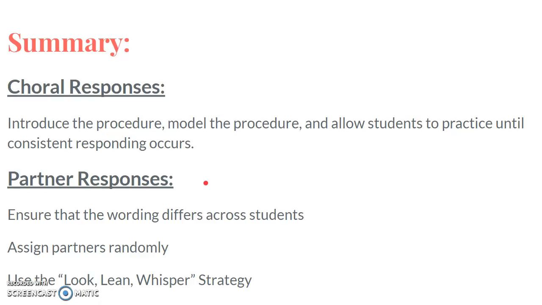For partner responses, this allows you to present the information in a way that peers can have conversations with each other about the targeted information or skill that they are learning. You want to ensure that you are using different wording across students so that they are able to have that back and forth conversation with each other.